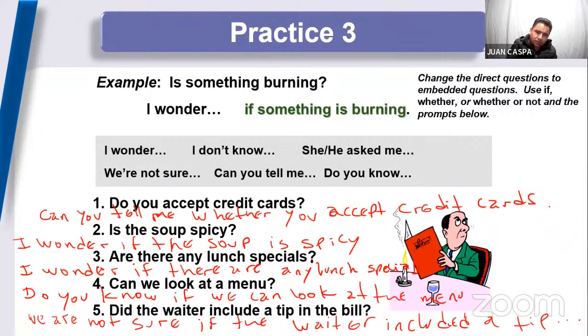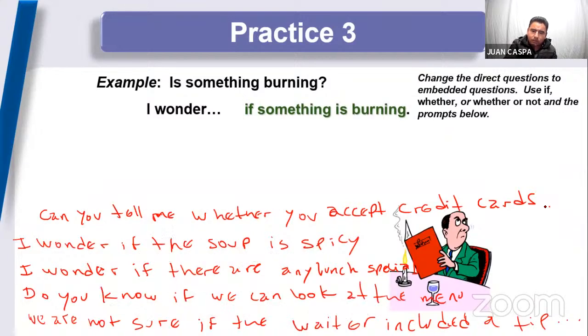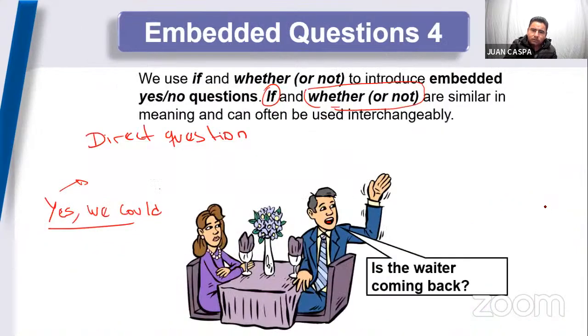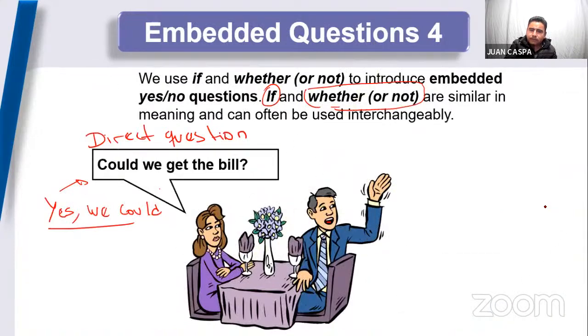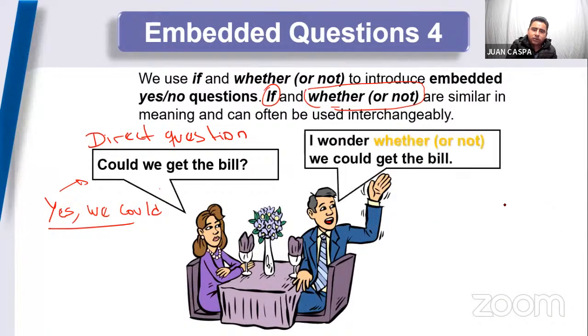As you can notice, embedded questions are not the same. First of all, we don't have to use a question mark like this. I made a mistake there. And then, secondly, we want to be polite, or we want to use questions in a different way. Like this one. Could we get the bill?